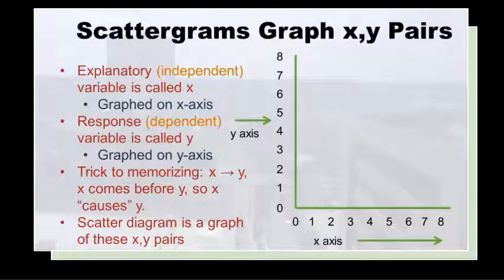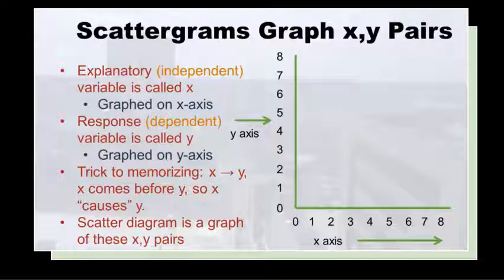Okay, so there's also a trick to memorizing that the x-axis is the independent explanatory variable and the y-axis is the dependent response variable. You know how you learn the ABCs when you're a kid, and at the end it goes W, X, Y, Z. So X comes before Y in that order, which means X causes Y to happen.